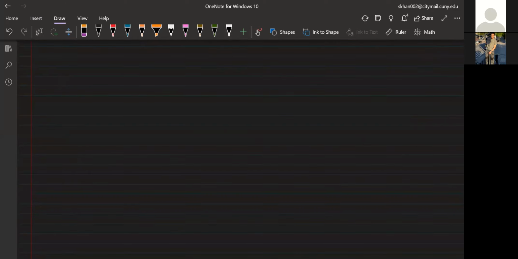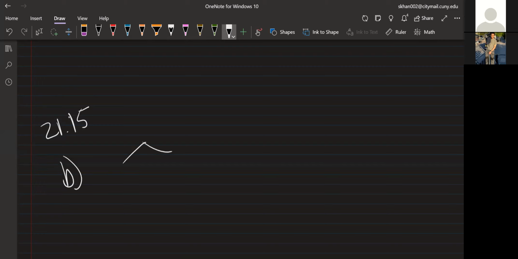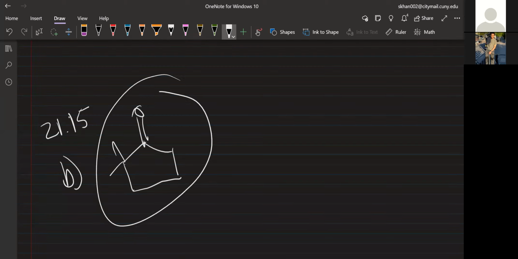Down here, 21.15, and we'll do B. And there's a reason I'm picking B. Actually, the rest of these are all symmetrical anyways, two of these have symmetry, A and C, and the other. Basically, how many alpha protons does this thing have? That's really what's important here.